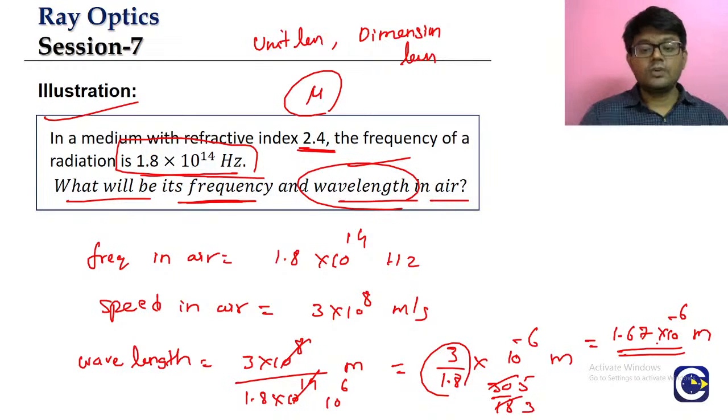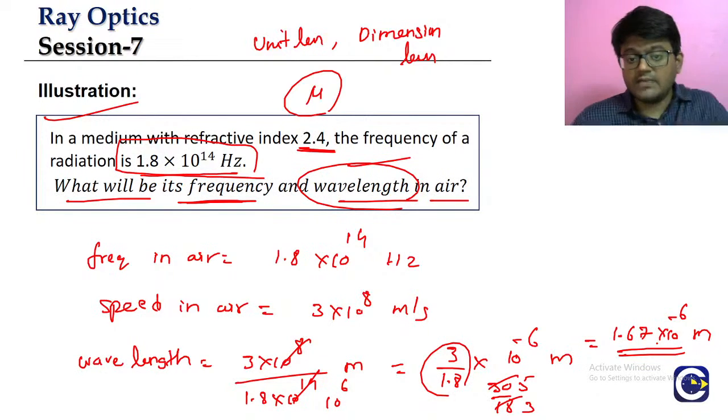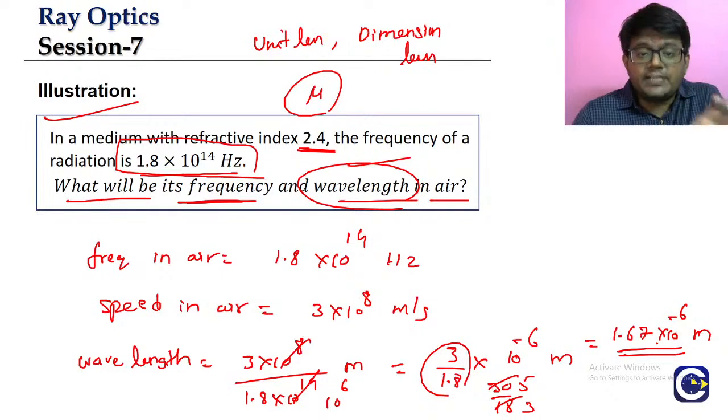So frequency is going to be as it is, and wavelength we get by using the relation. Now you might be thinking, why then are they giving us the refractive index of the medium? In some problems, some extra information will be given so that we keep thinking about it, and some of us will try to force fit it.